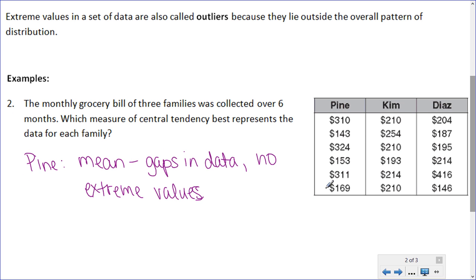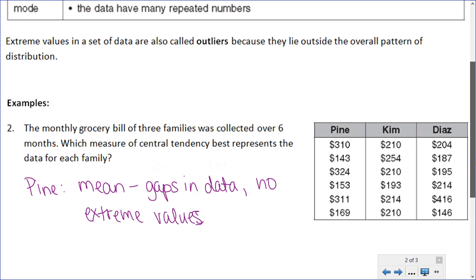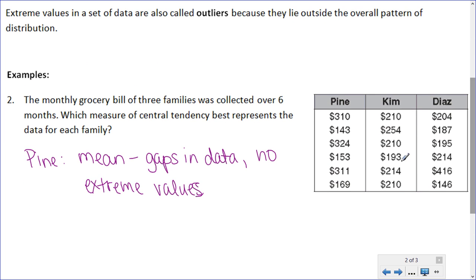Okay, let's look at the Kim family. Their data is very close together, ranges from 193 to 254. But we notice there's 1, 2, 3 months where their grocery bill was $210. So we do have a mode here. And there are no gaps in the data really.